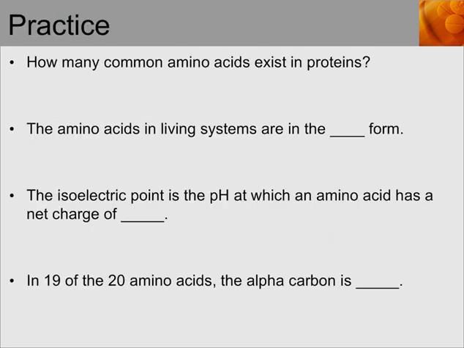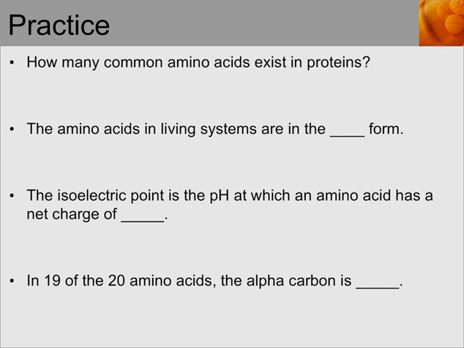All right, so let's wrap up this introduction to proteins by going through some questions. The first question is, how many common amino acids exist in proteins? The second one is, the amino acids in living systems are in the blank form.